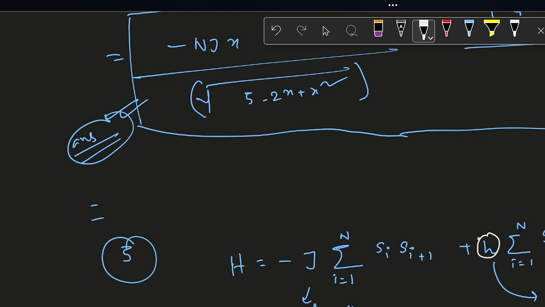Sometimes in a problem it is given as minus h, so based on that it changes. In this problem there is a plus sign given. In textbooks sometimes there is a minus h given. So it all depends on the direction of the field that is being applied. If there is a minus sign, then it will probably match with the answer.